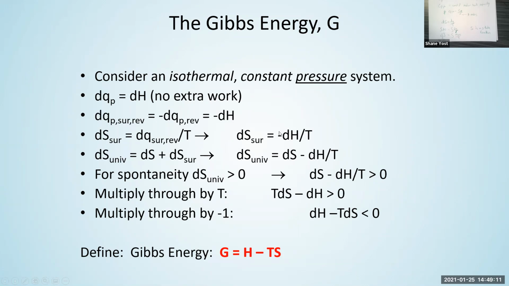And I get that enthalpy of the system because at constant temperature and pressure, the enthalpy change in the system is related to the heat transferred between the system and the surroundings.